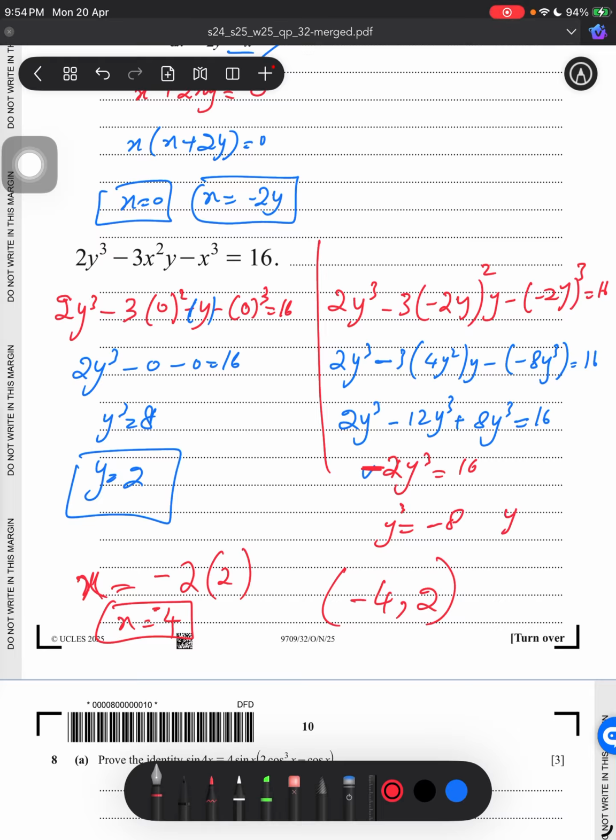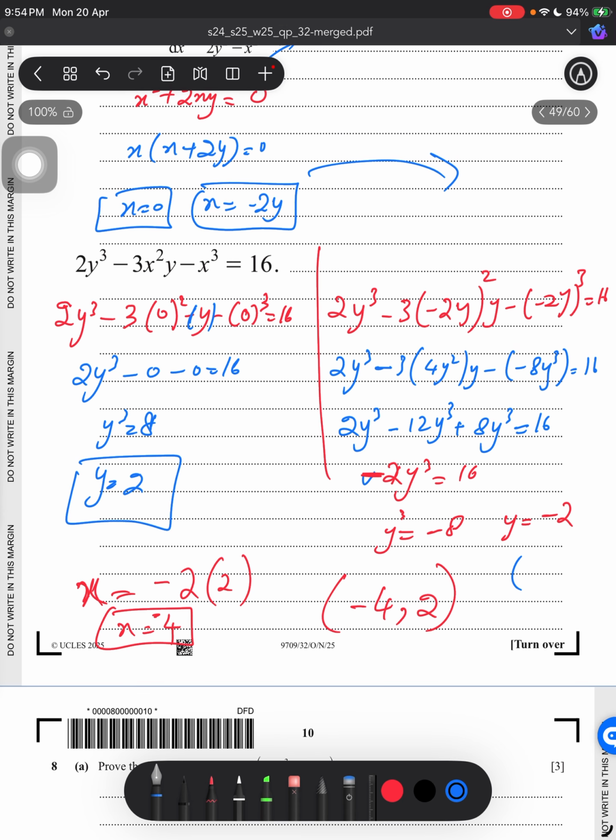This would turn out to be y is equal to -2, and in this particular case, if you plug the value here, you'll get x is 4. So one is the other value.